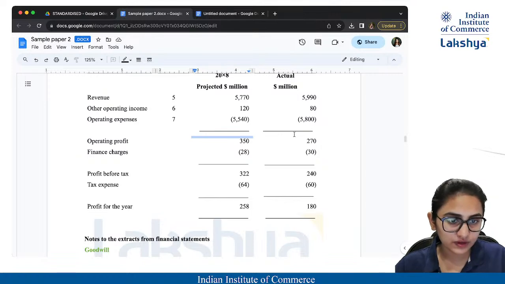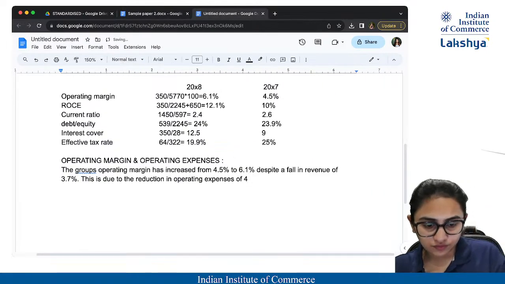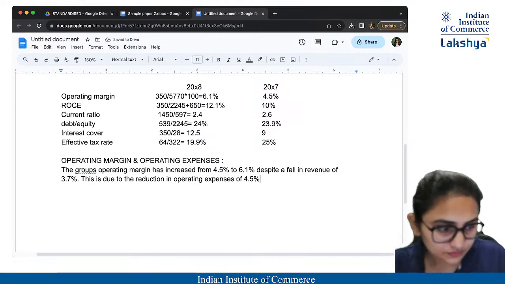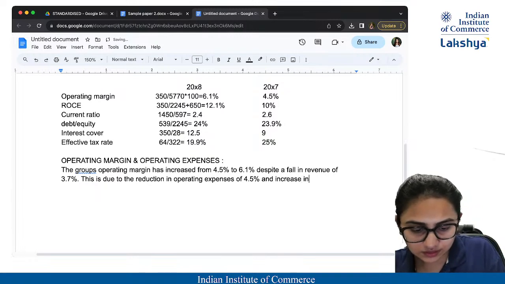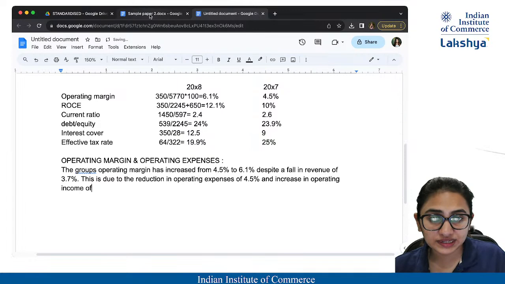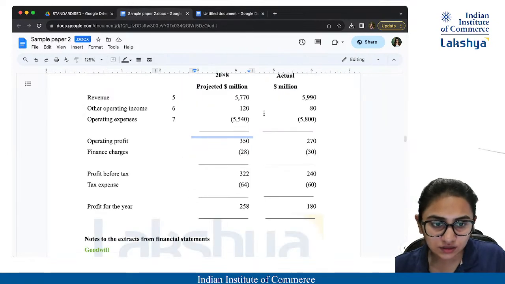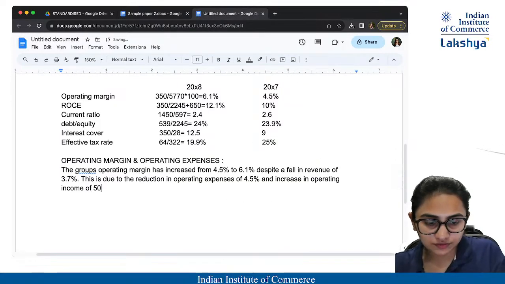Again, same formula, 5800 minus 5440 divided by 5800, so that is going to give you 4.5%, and an increase in operating income of, how much is your operating income increasing? It is becoming double, right, an increase of 50%.